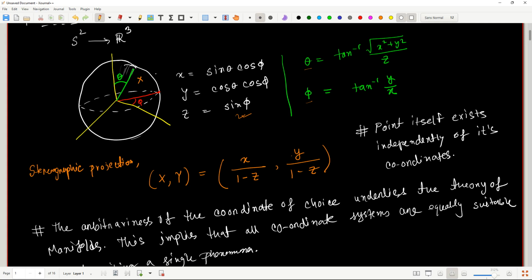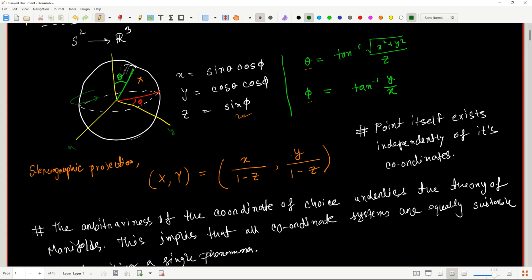And you might ask why I cannot do that? Well, first consider a path that lies when theta is equal to 0. That means you are moving on, let's say this is xy, so you are moving on the xy plane, and your phi can vary from 0 to 2 pi.